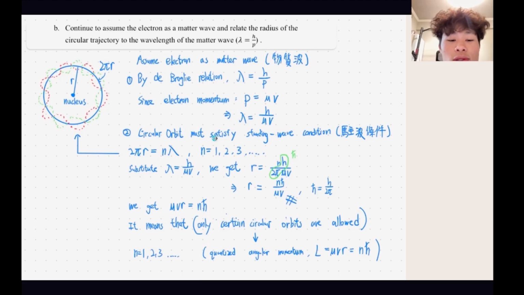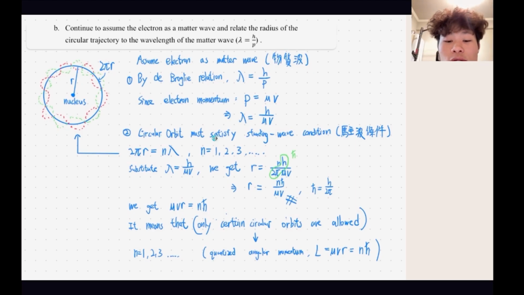So 2 pi r equals n times lambda, and n here is a positive integer, 1, 2, 3, and so on. Now we substitute lambda we derived earlier, lambda equals h over mu v. We get that the radius r is n times h over 2 pi times mu v.